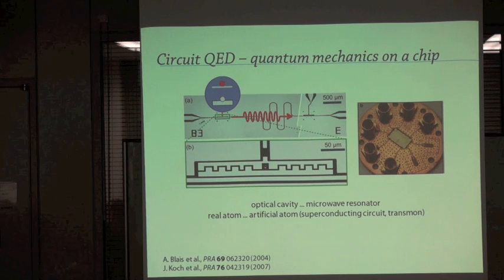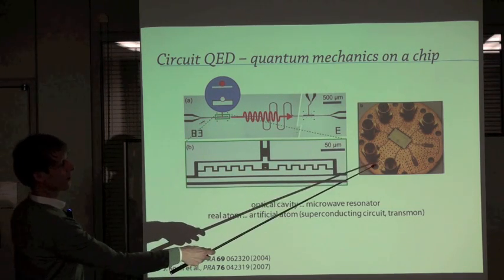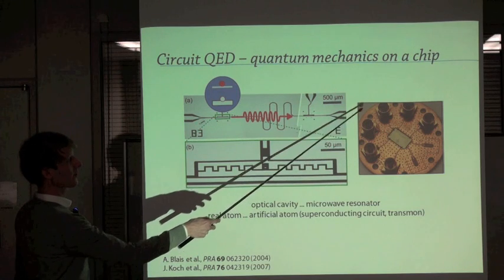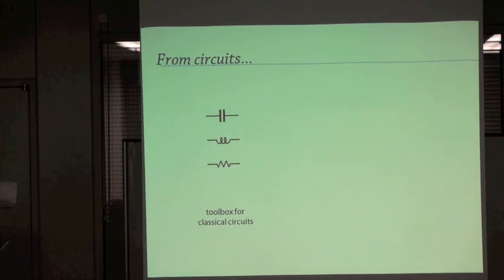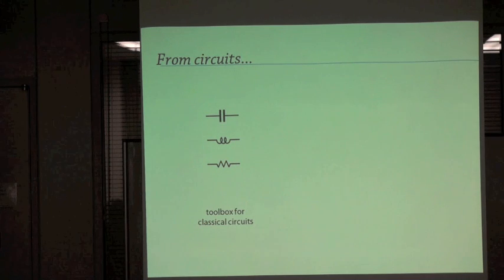And what we do is basically quantum mechanics on a chip, because we can fabricate this with pretty much standard e-beam and photolithographic techniques, integrate it on a PCB as shown here, and connect it to some microwave lines which we use to manipulate the system and read it out. Now, you might ask, how does this work? Well, let me start out with classical circuits at first.